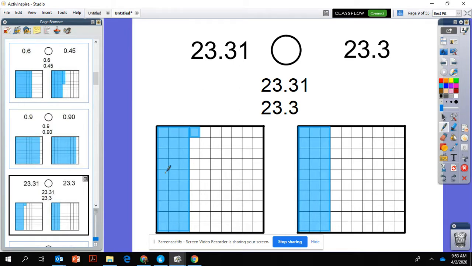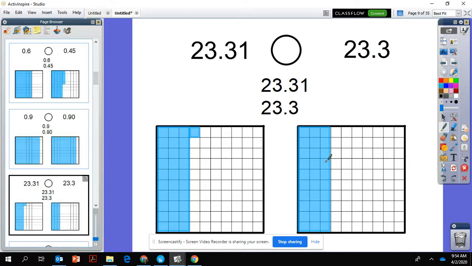The only difference is over here, we still have 30 hundredths, as well as the 3 tenths over here. There's one extra part that's actually shaded in, one little hundredth shaded in over here. So that makes 23 and 31 hundredths greater than 23 and 3 tenths.